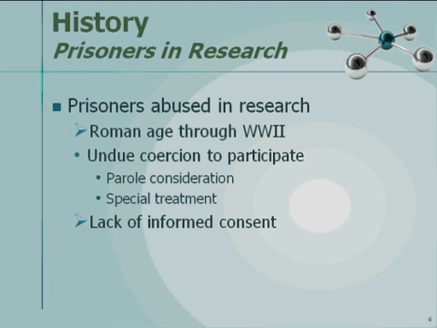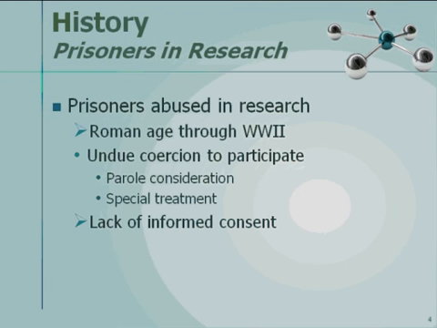Then I realized this is really about making sure that a special vulnerable population, and that's the way it's defined by the Office at OHRP, is protected. Prisoners are categorized as a vulnerable population, much like pregnant women, children, and people with diminished mental capacity.